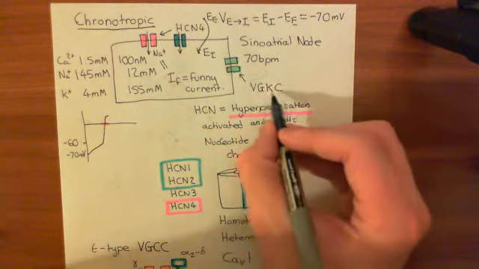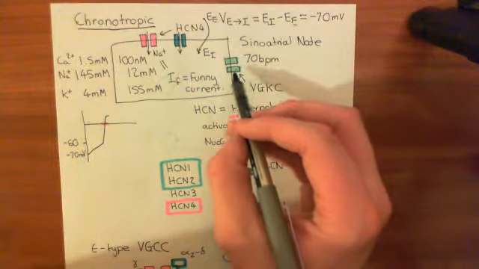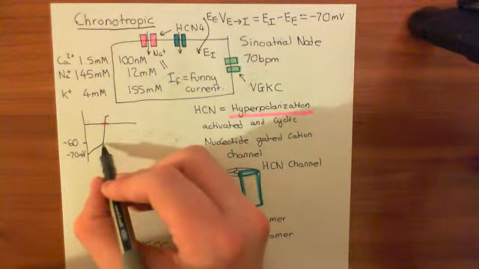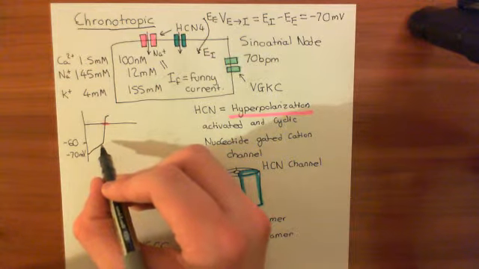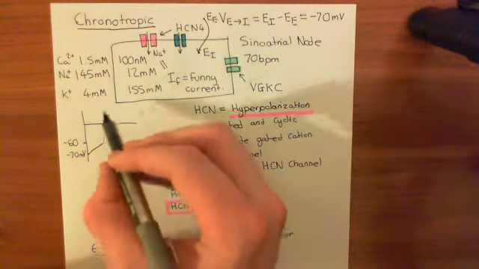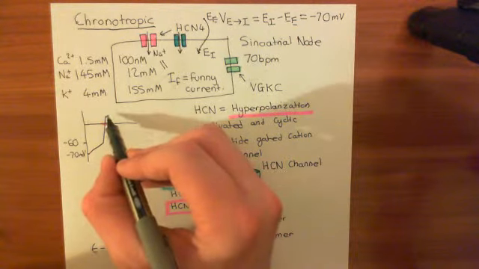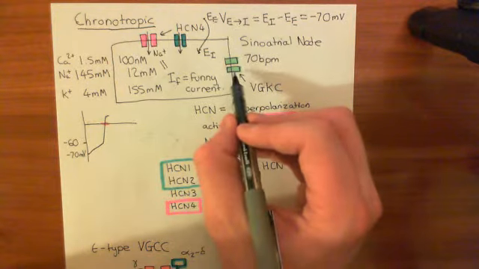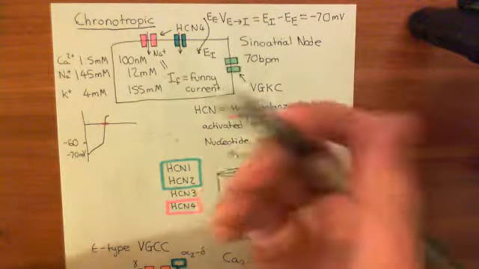Okay, so the VGKC is going to open, and it was activated to open roughly at the same time as the voltage-gated calcium channel of the T-type. However, it took much longer to open, so just when the T-type voltage-gated calcium channel is starting to give in, it's closed, then this voltage-gated potassium channel starts to open, okay?